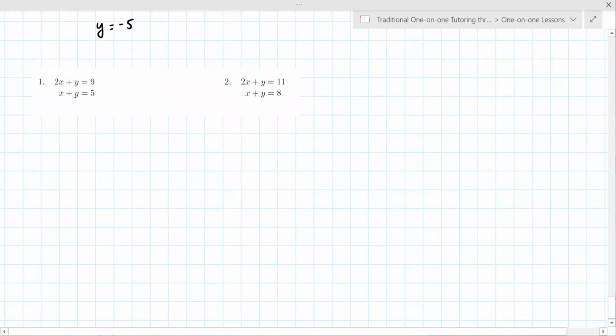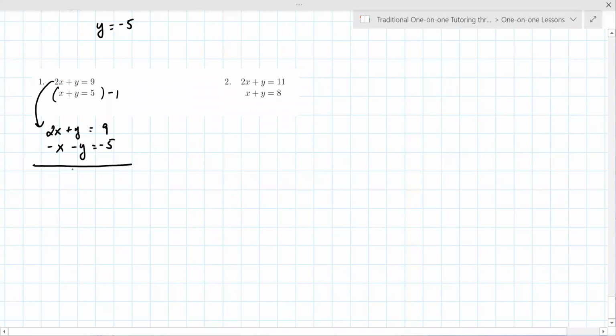See how these both have a y, but you can't just add them because the y doesn't go away. So if you multiply this equation by -1, you get -x minus y equals -5. And if we just rewrite the first equation, 2x plus y equals 9. Now it looks a lot like the one we just did.